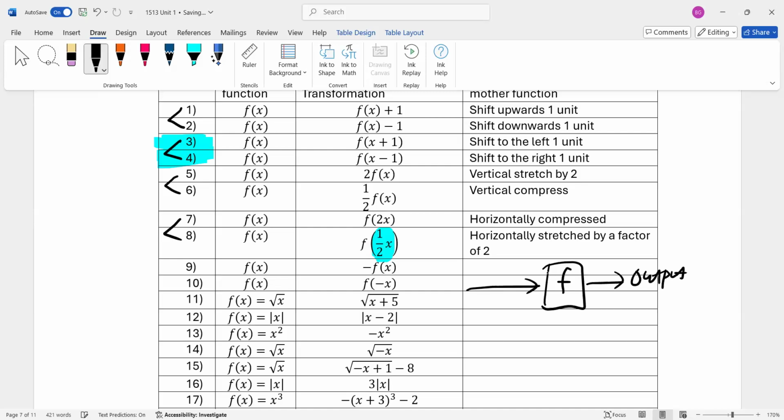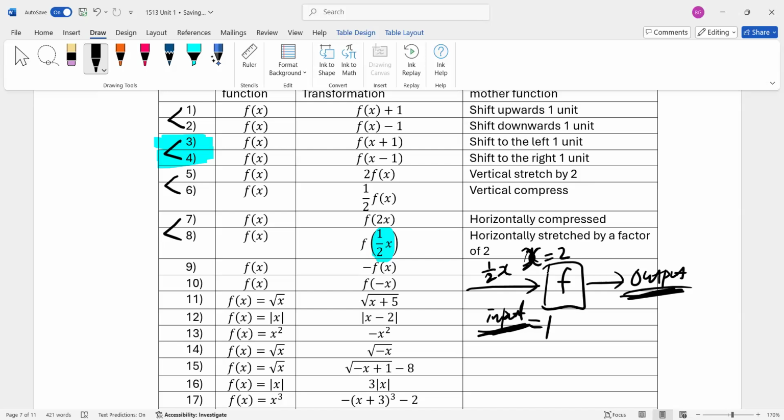But in this case, the input is half x. The same function, you want the same output, you need to give the correct input. For example, if you want the input to equal 1, x cannot be 1, x has to be 2.